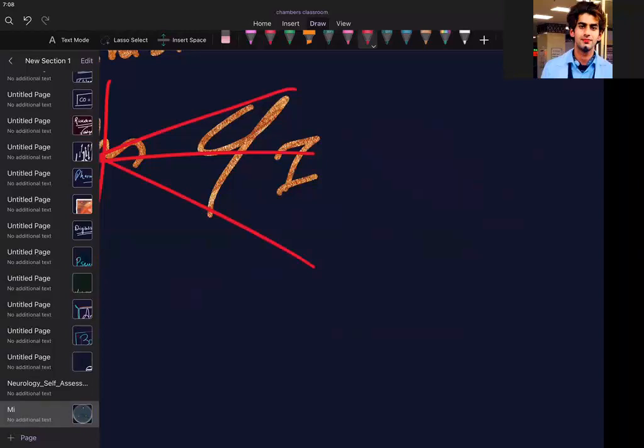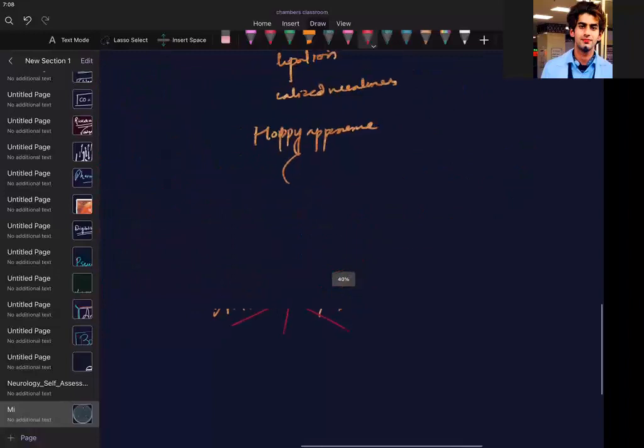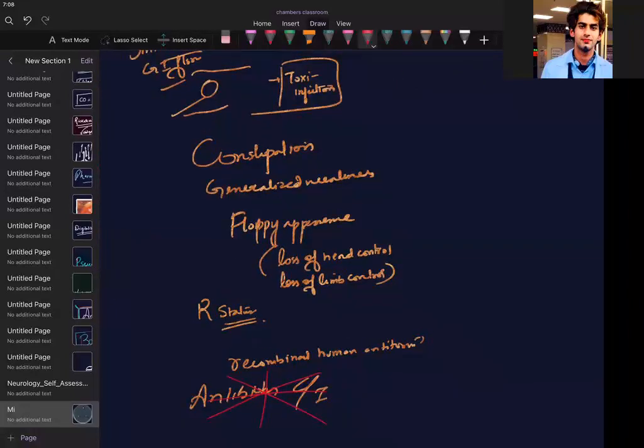So this is what I think is important. In floppy baby, we will have extreme weakness. The baby will not be able to suck the feed. Recombinant human antitoxin.